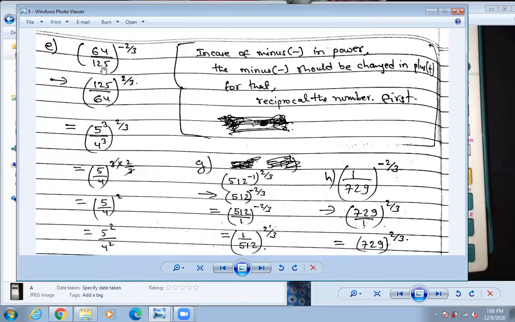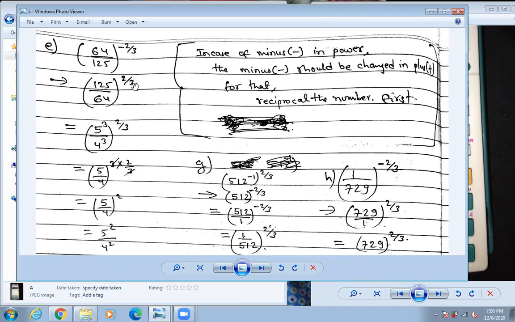Any problem, just reciprocal the number, so minus becomes plus. Now what is there in the denominator? There is 3. There are not only one number, there are two numbers over here, 125 and 64. So this is not the way that 2 applies to 125 and 3 to 64.